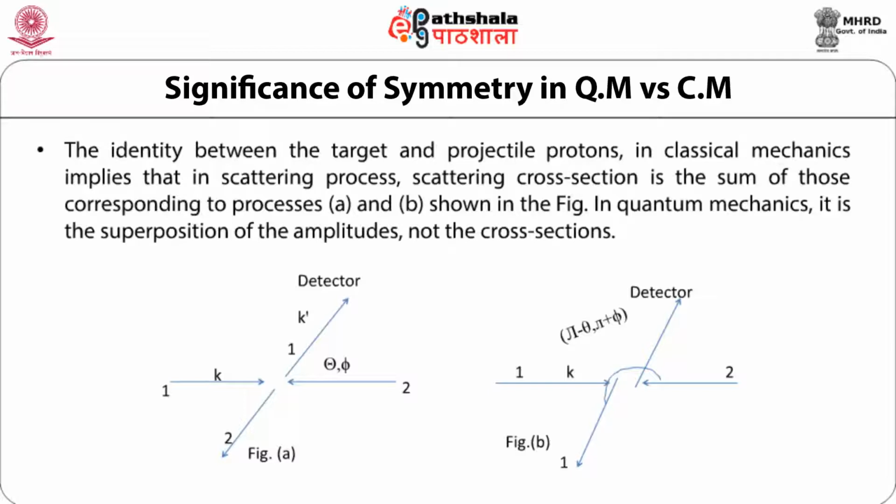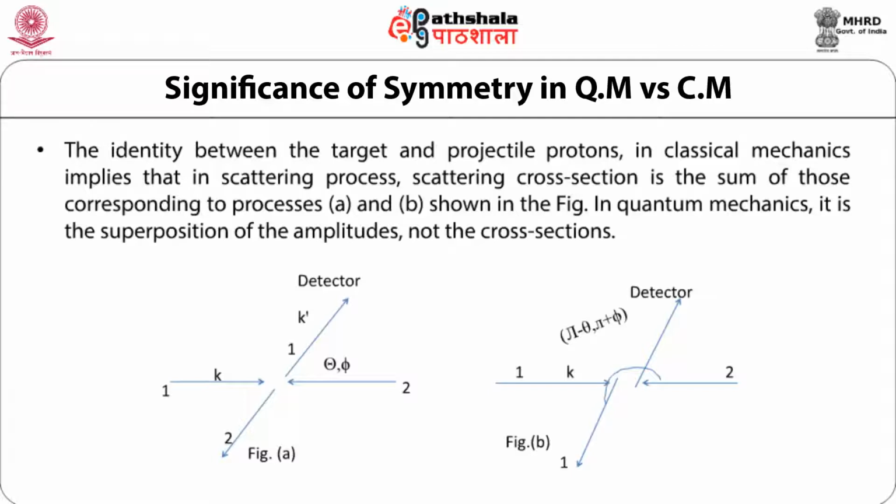And here the angle of scattering is given by pi minus theta and pi plus phi for the two protons respectively. Now here it is important to see that whether proton 1 or proton 2 goes to the detector, it is difficult to find out which of the two was the projectile and which of the two was the target.